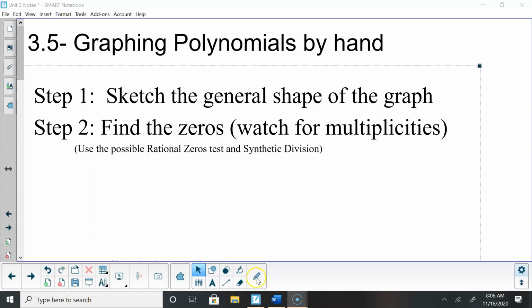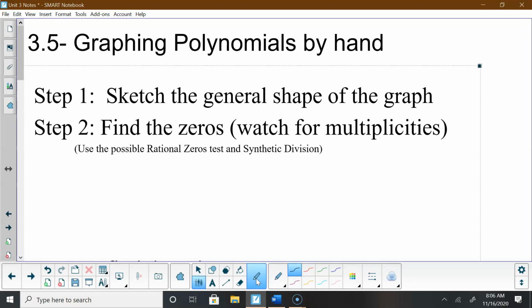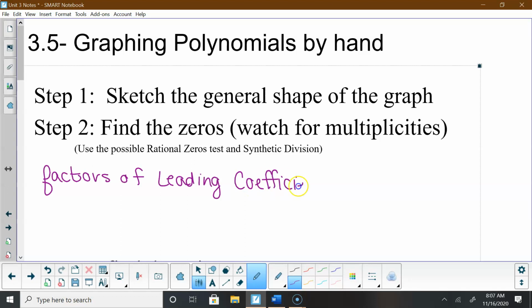When I talk about finding the zeros and using the rational zeros test, what you're doing is you are taking all of the factors of the leading coefficient and you're going to divide it by all of the factors of the constant.